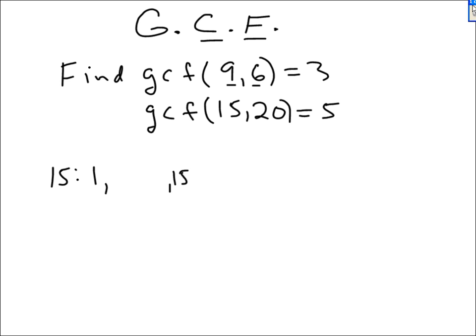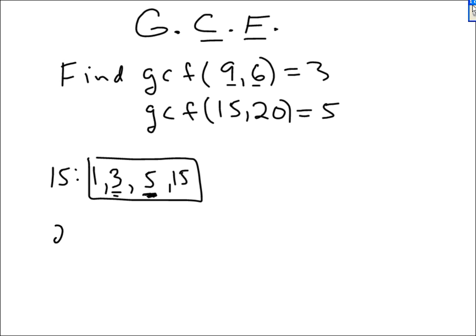No. Does 3 go into 15? Yes. How many times? 5 times. Does 4 go into 15? No. Next number is 5. Does 5 go into 15? Oops. I said a number that I already wrote down. You stop. These are the factors of 15.